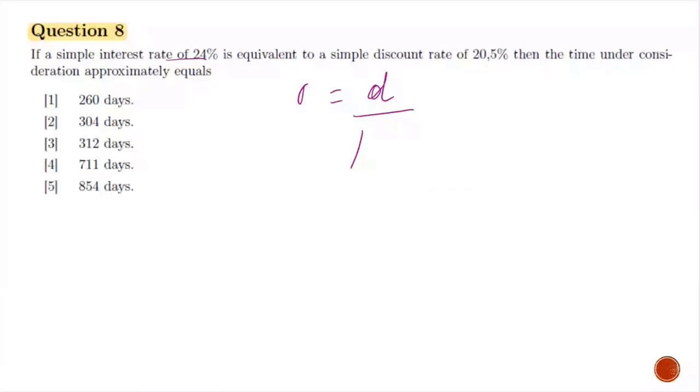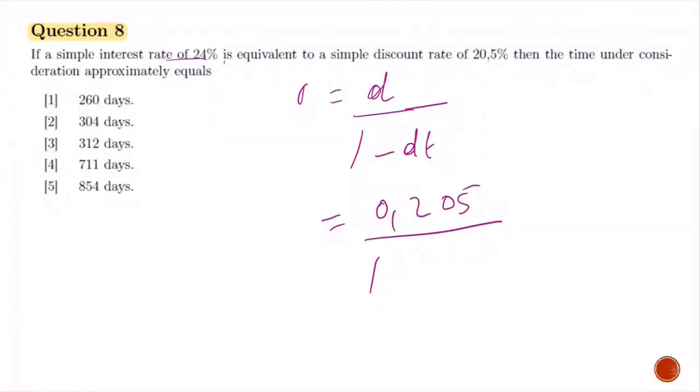So your D here is equal to 0.205 divided by 1. What are they looking for here? If the simple interest rate is 24%, simple discount, then you're looking for the time.